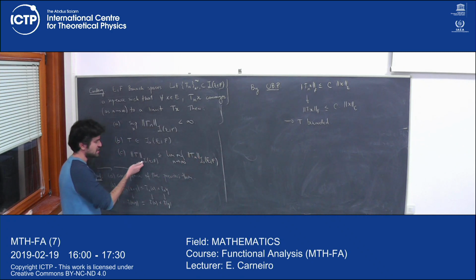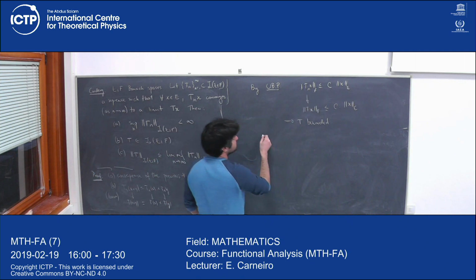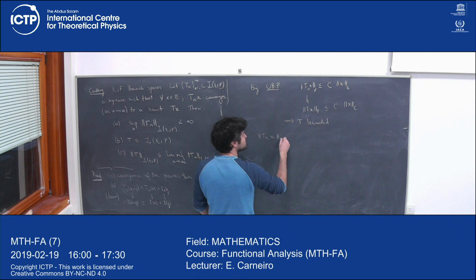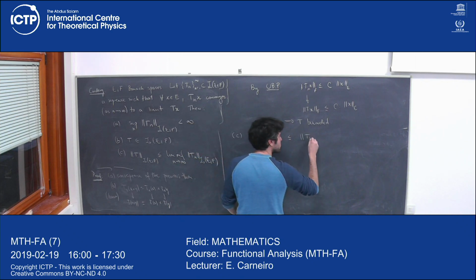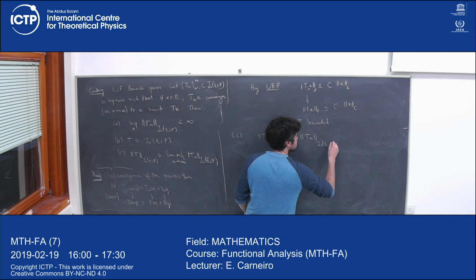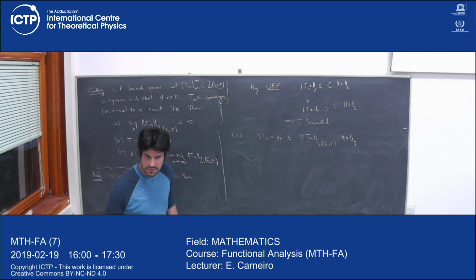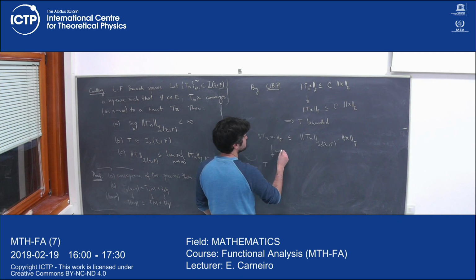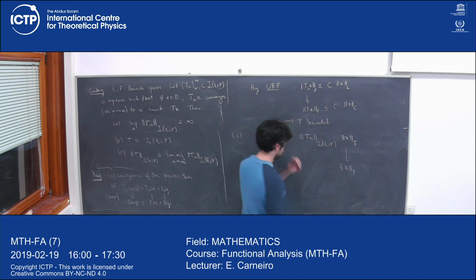And finally, if I want an estimate on the operator norm of T, we have to refine this. So the norm of Tn of x in F is less than or equal to the norm of Tn times the norm of x. When you pass to the limit, with n going to infinity, the norm of T of x on this side will be less than or equal to the limit of the norms of Tn times the norm of x.